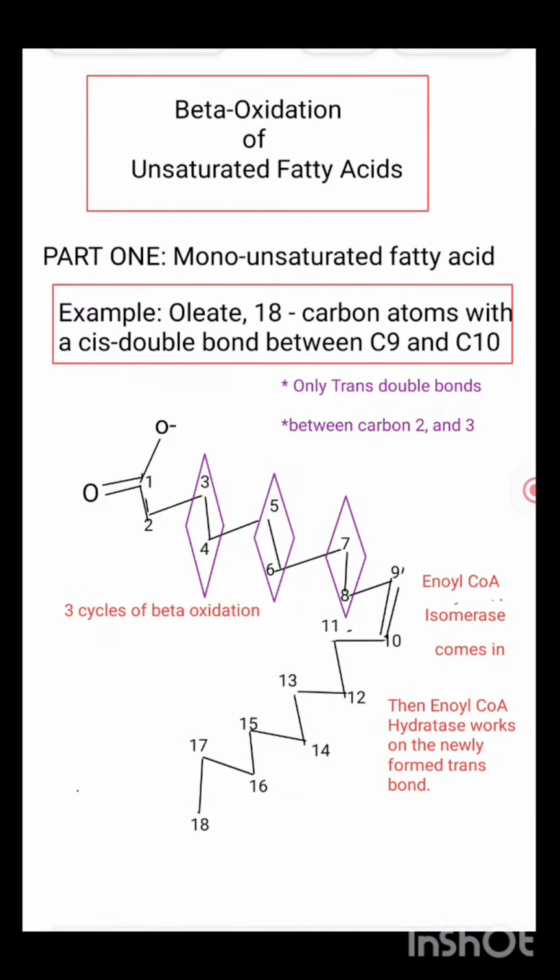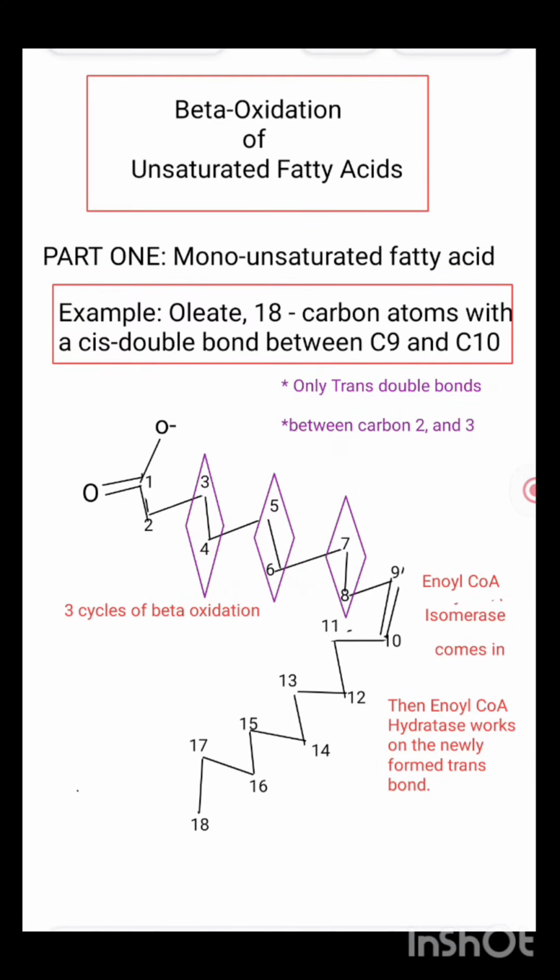What is the role of enoyl-CoA isomerase? The role of this enzyme is to convert this cis bond into a trans double bond and ensure that it is in this position, carbon 2 and carbon 3 of the fatty acid, so that enoyl-CoA hydratase can do its work.